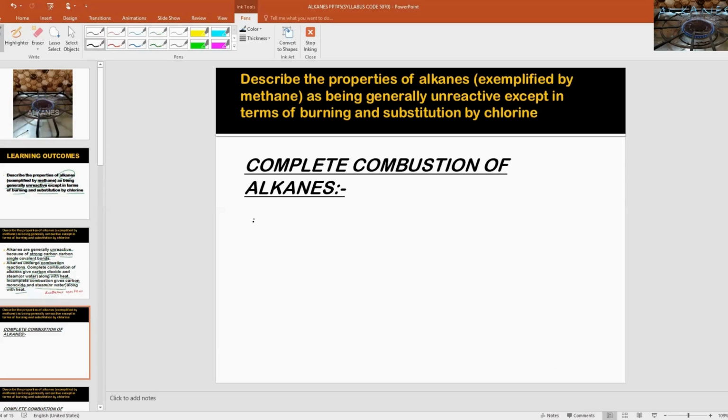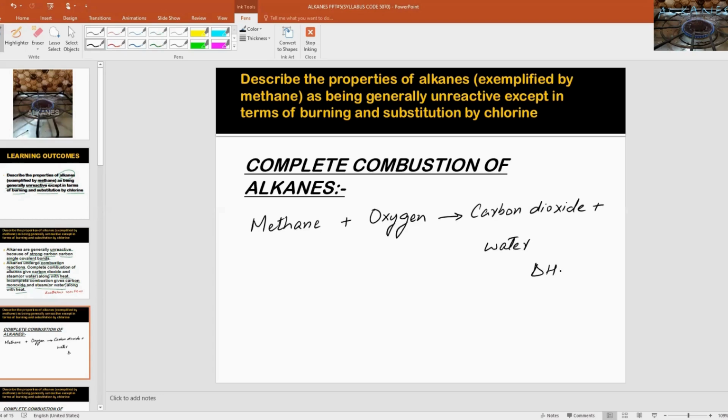So we have methane plus oxygen gives carbon dioxide plus water. As the reaction is exothermic, we will write the sign of delta H as minus.